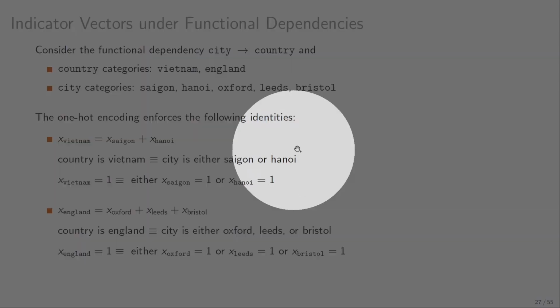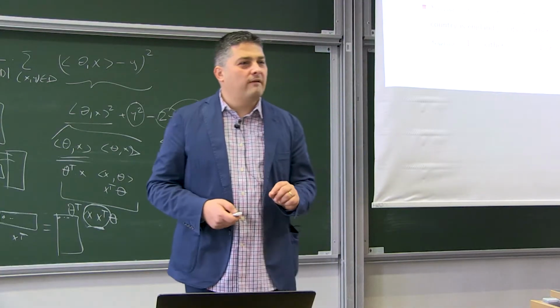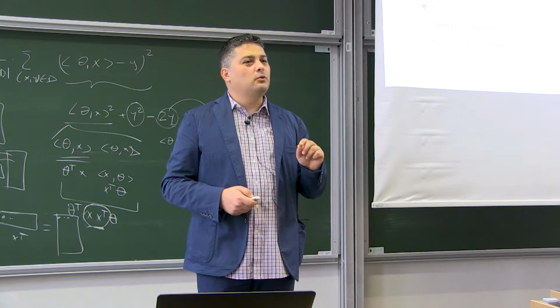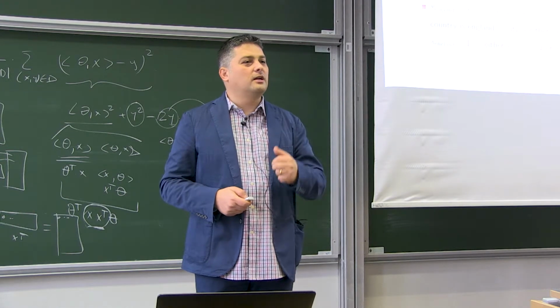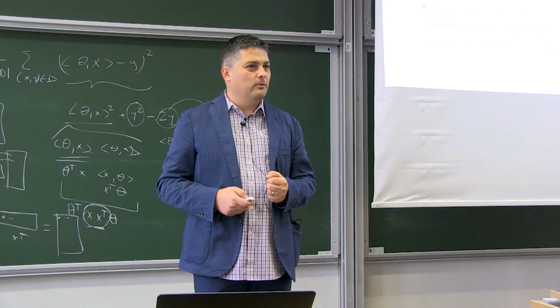So I consider this functional dependency. What does it really mean, a functional dependency? It means that if you have a city, let's say Warsaw, then that city is situated in one country only. You cannot have that city appearing with different countries because it will not functionally determine the country anymore.